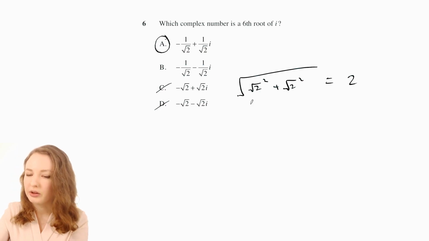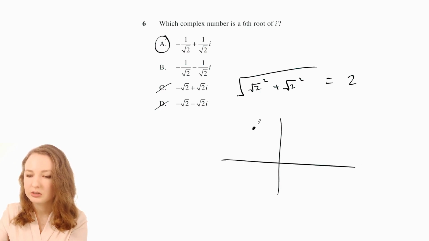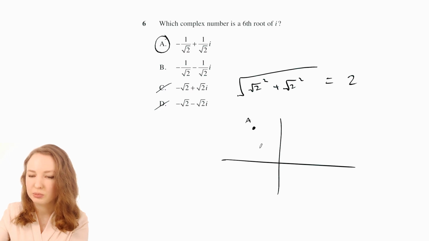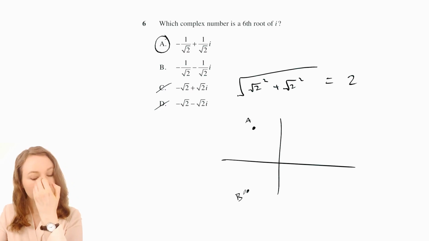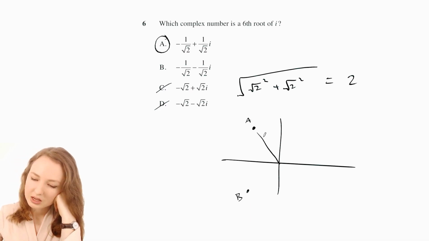But let's think about their arguments, their angles. So this one is here. That's where A is, and B is over here. If you like, you can think of this as 135 degrees.